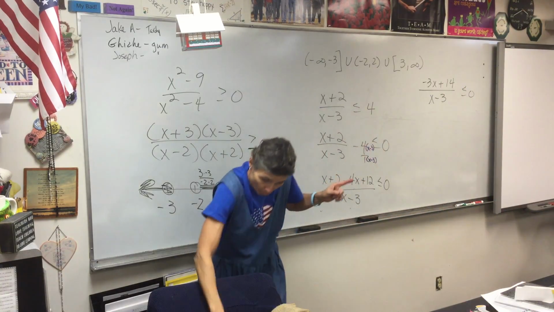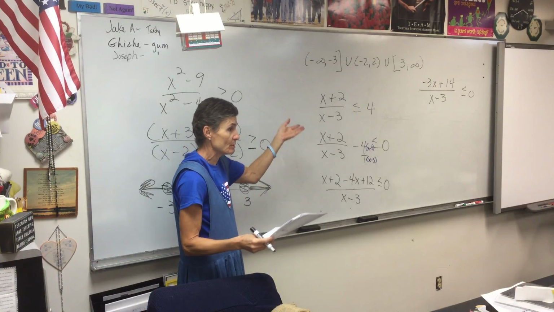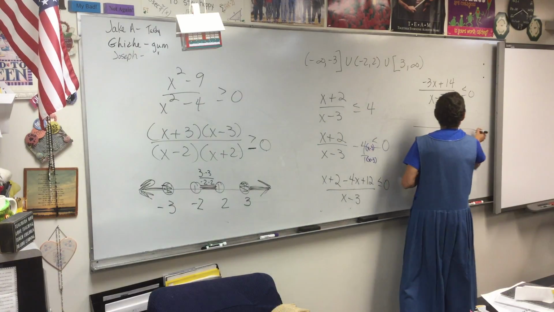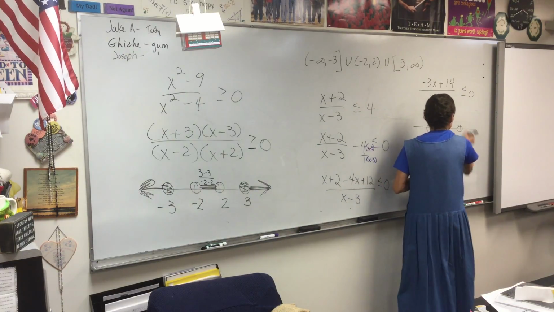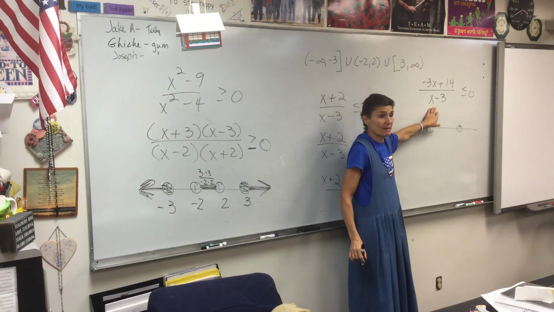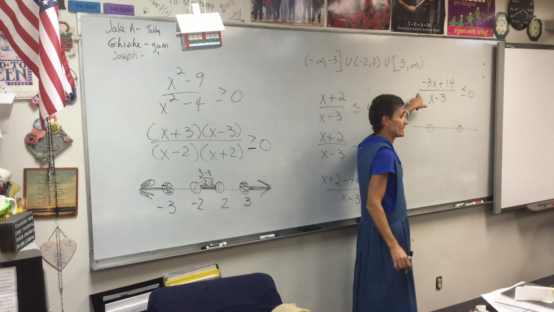Now, does the problem look like number 8 or 9 that we just finished? Yeah. So now I'm ready to draw my number line and put 2 dots on it. Now, one of the dots is at 3, right? Everybody can see that? This dot is harder to tell where it is, so I'm not going to guess.